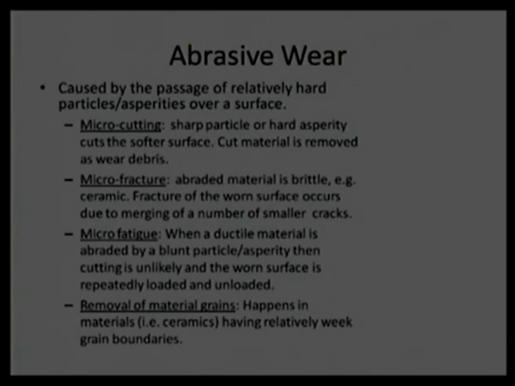If there are no sharp particles, it will shift to micro fatigue. If there is more sharpness, it will cause micro cutting. If there is lesser sharpness, more roundness, then it will cause micro fatigue. If the material is brittle, it will cause micro fracture or direct removal of the grains. So, depending on whether the material is ductile or brittle, the physics and the relations will slightly change.